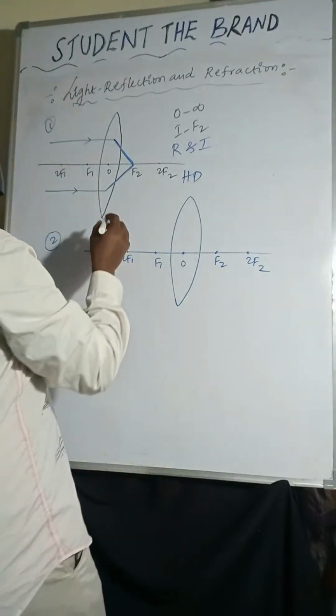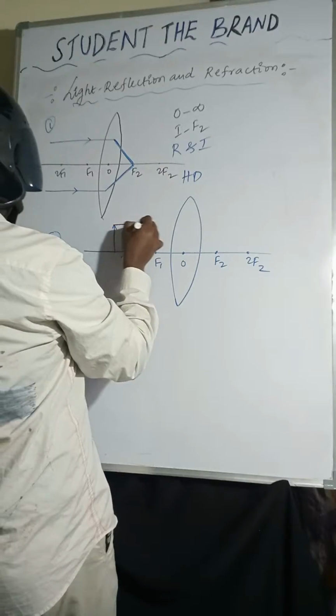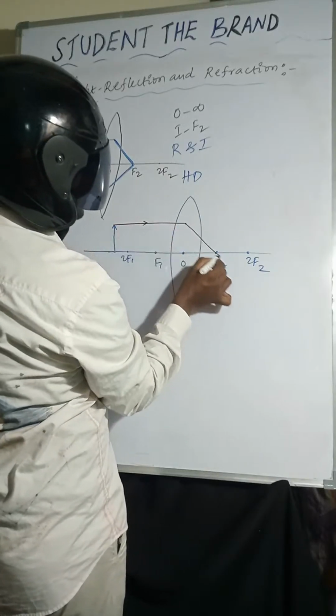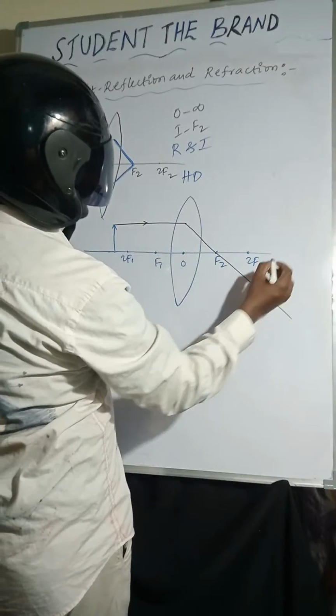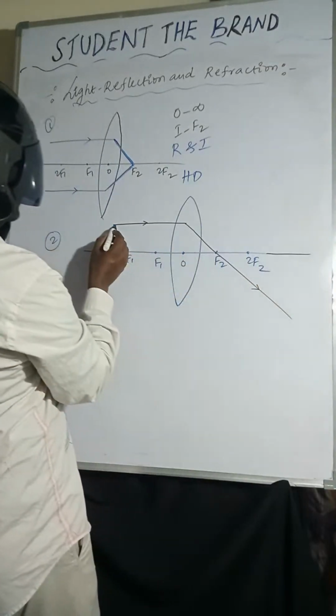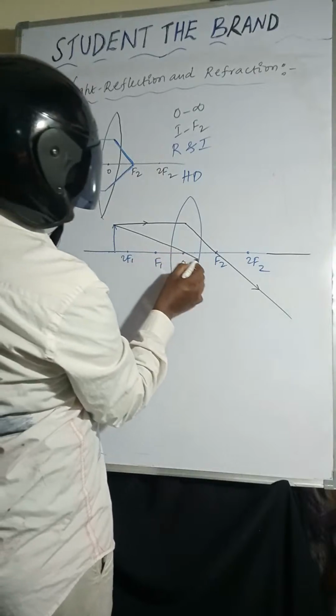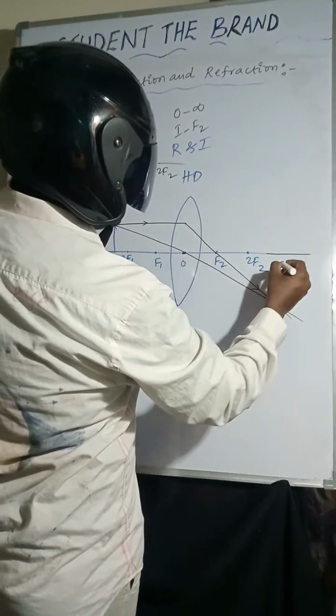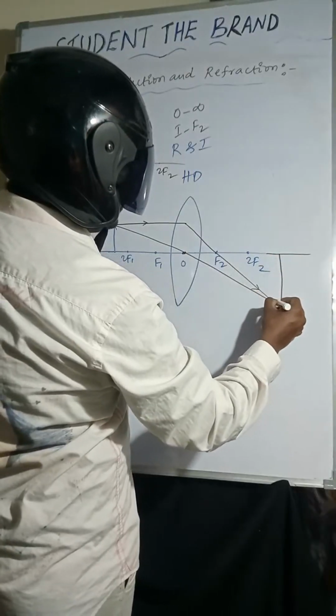Object is placed behind the center of curvature. One light ray I am taking like this, it passes through focus. Another light ray I am taking passes through optic center.